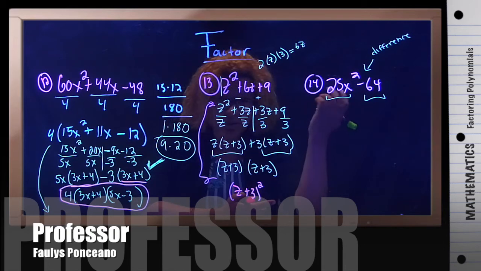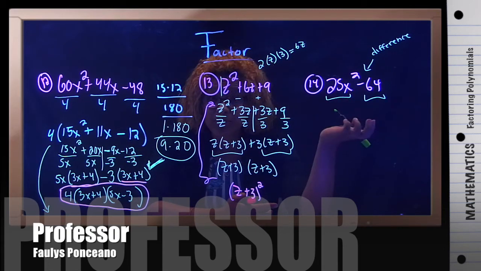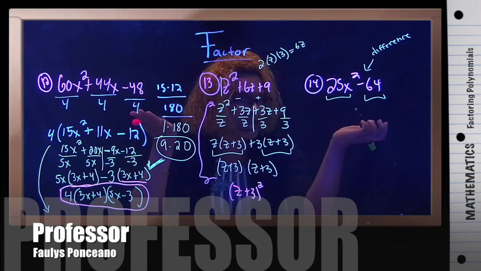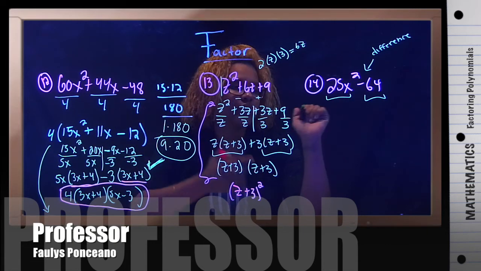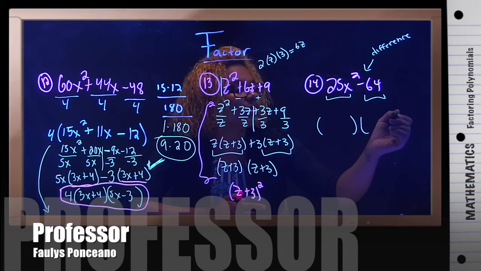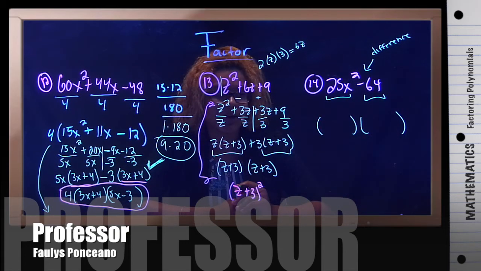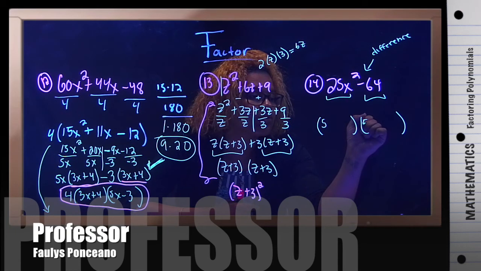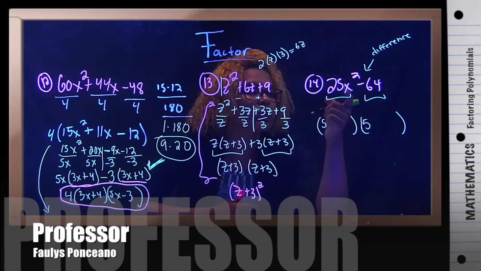And 25 is a perfect square. X squared is a perfect square. 64 is a perfect square. And yes, it's a difference in the middle, right? So what do you do? You open 2 sets of parentheses. Okay. You ask yourself, what's the square root of 25? 5. Okay. What's the square root of x squared?